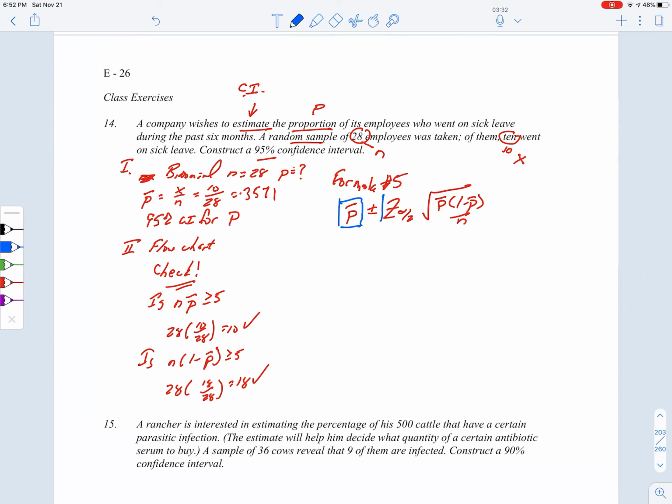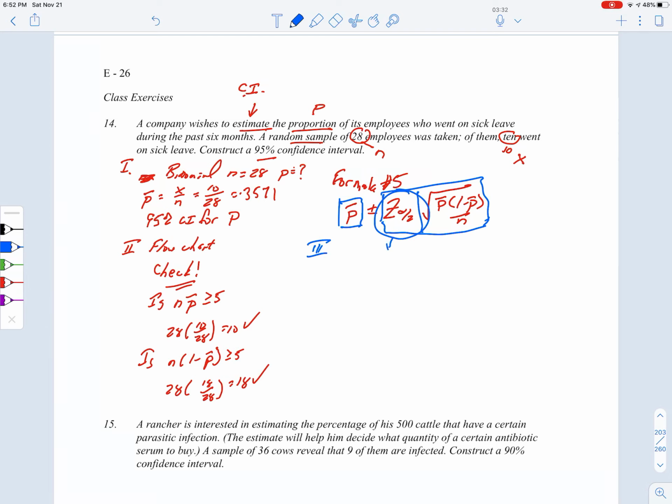And again, you've got your 3 parts here. You've got your point estimate and your margin of error, which is itself broken into 2 parts here: level of confidence associated with the z value, and then the standard error of the proportion.